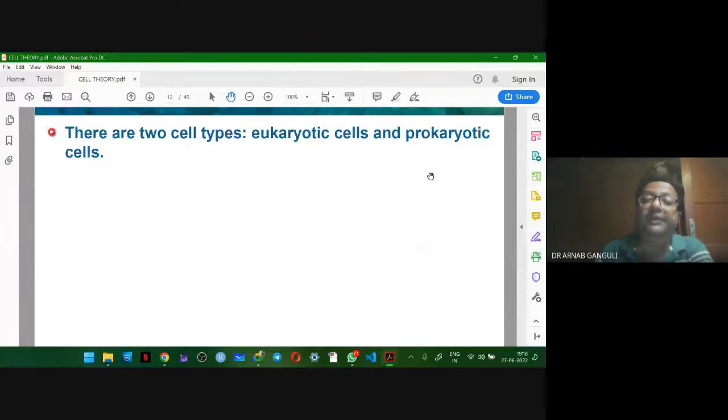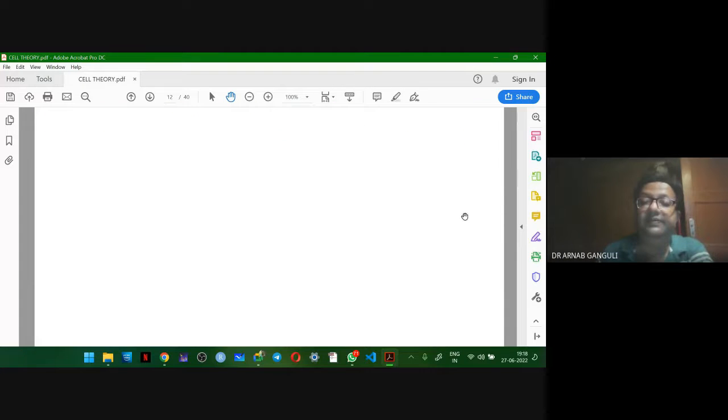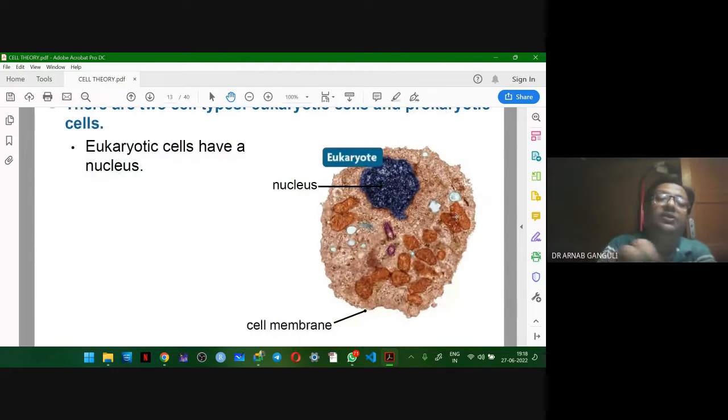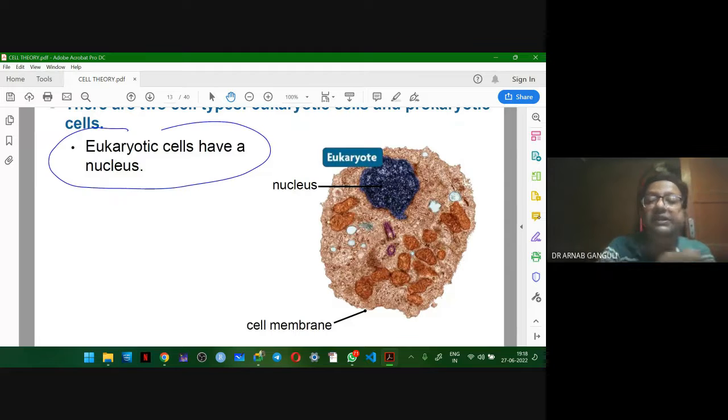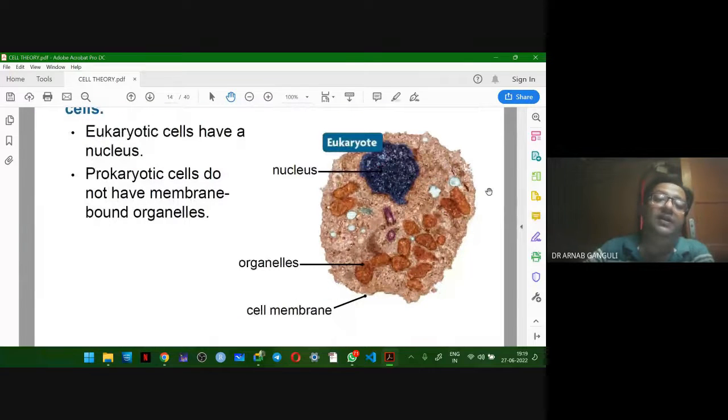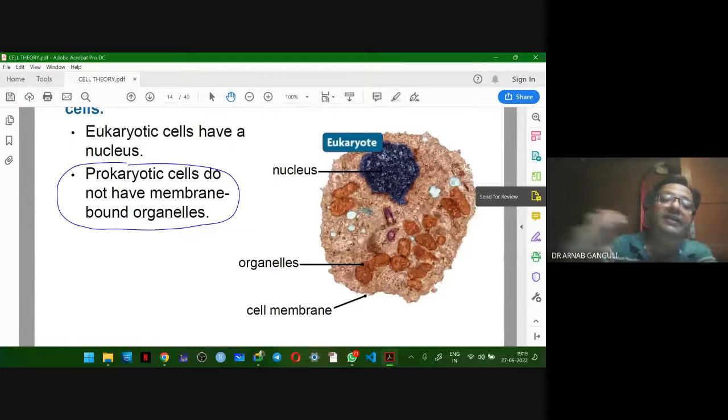And you know there are two types of cells: eukaryotic cells and prokaryotic cells. As you know, eukaryotic cells have a nucleus. This is a nucleus, a dark structure inside the cell. This is the nucleus inside a eukaryote. And you know that prokaryotic cells do not have membrane-bound organelles.